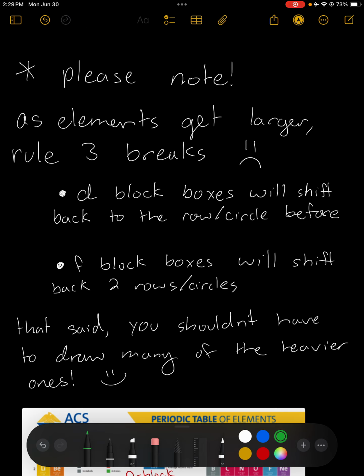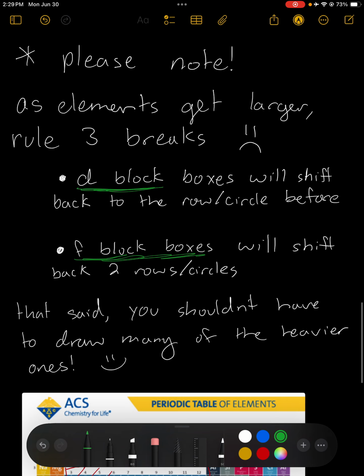If you remember electron configuration, that 1s2, 2s2, 2p6 thing that we did last year, there were certain groups of boxes on the periodic table that we started changing row numbers for. Those are the same exact boxes that we're going to address here. So our D block boxes are going to shift back to the row or circle before, and our F block boxes are going to shift back 2 rows or 2 circles.